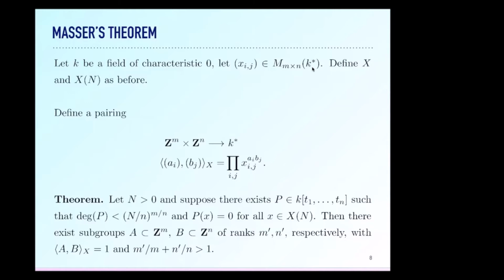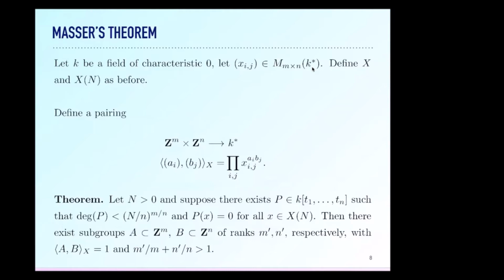If it has smaller degree than you expect, such that it vanishes at all x in X of N, then there exist subgroups, and not just subgroups but big subgroups, of rank m prime and n prime respectively, that are orthogonal with respect to this pairing.